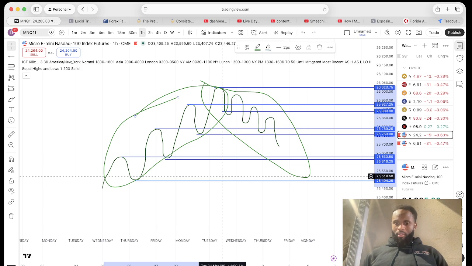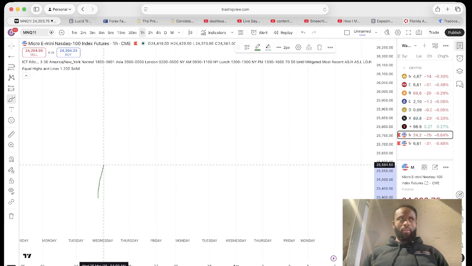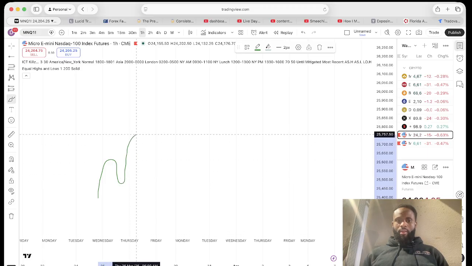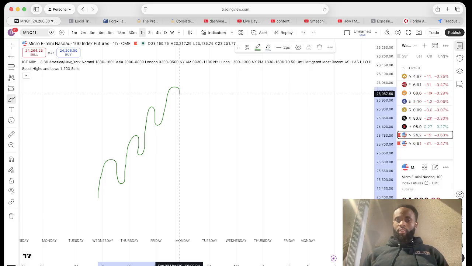Let's go through this again. The market moves on higher highs and higher lows. Higher high, higher low. Higher high, higher low. Higher high, until the market doesn't want to create a higher low. It might create something like this.